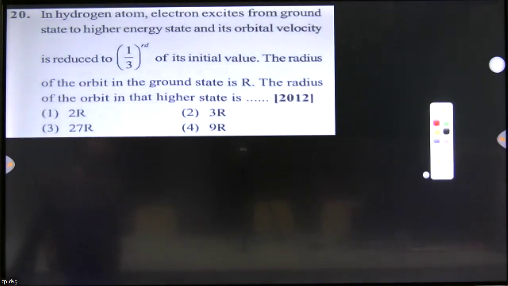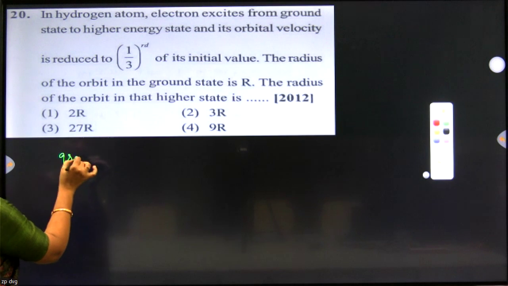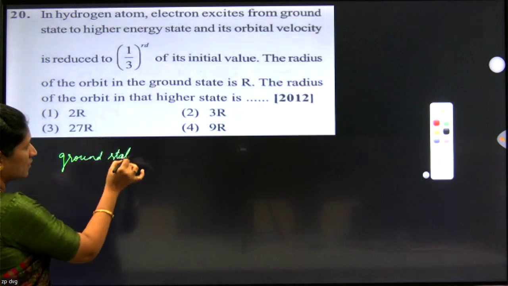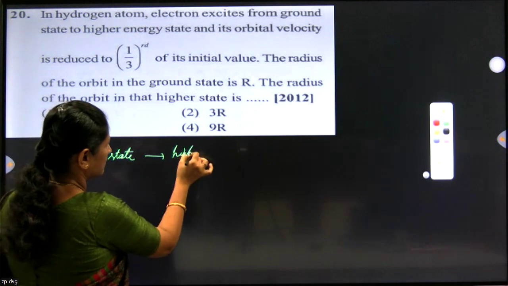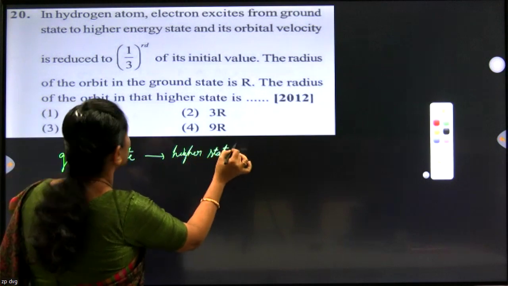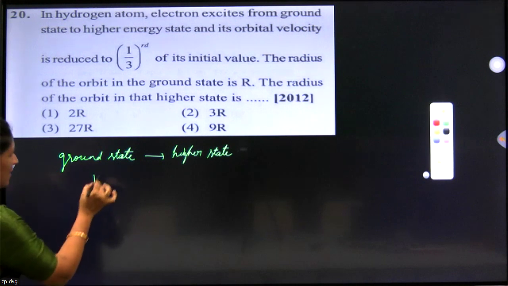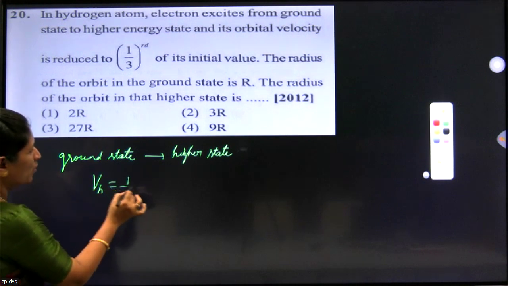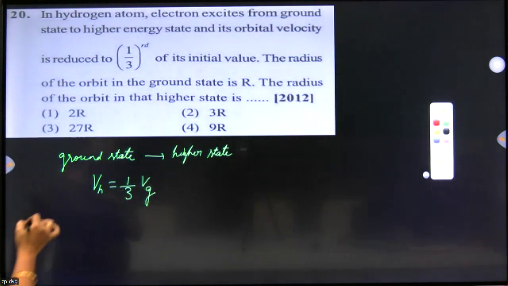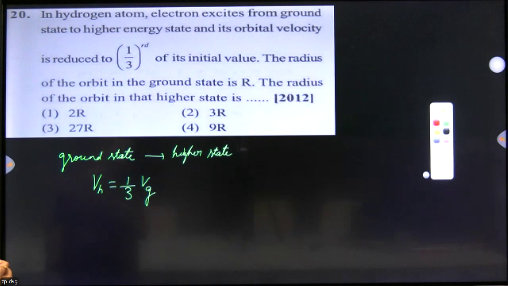In a hydrogen atom, an electron excites from the ground state to a higher state, and its orbital velocity is reduced to 1 by 3. That means Vh is equal to 1 by 3 of Vg, its initial value. The radius of the orbit in the ground state is R. What is the radius of the orbit in that higher state?